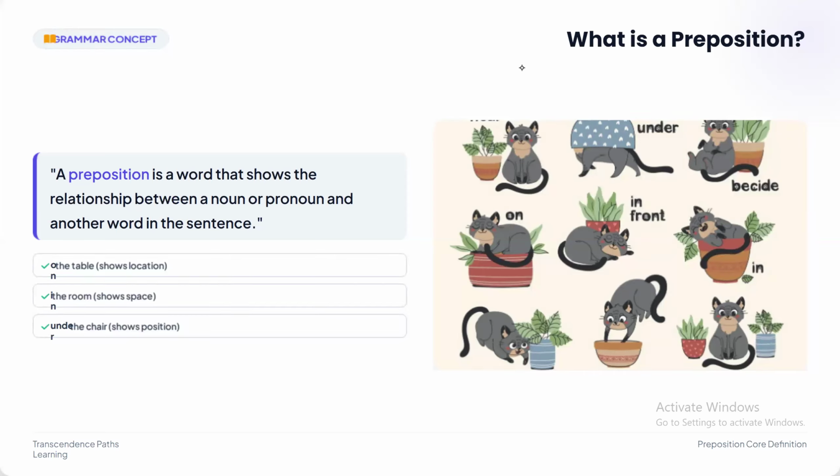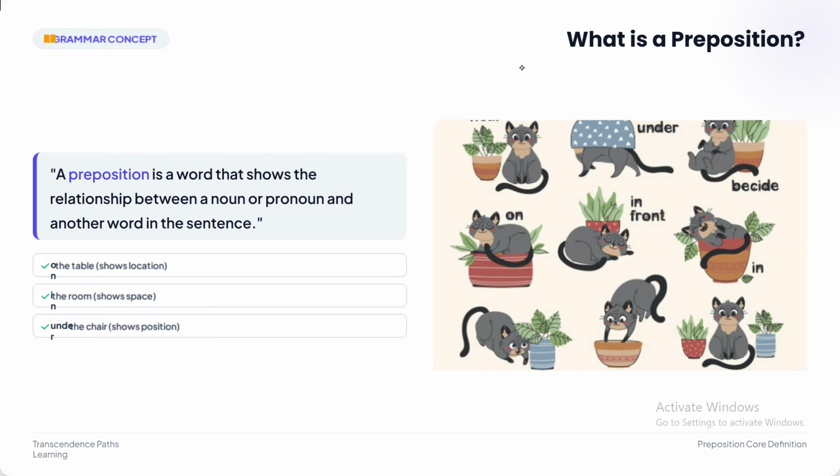So there is need for us to connect them together. So to do this, we always use prepositions to join these words and show their relationship to one another.